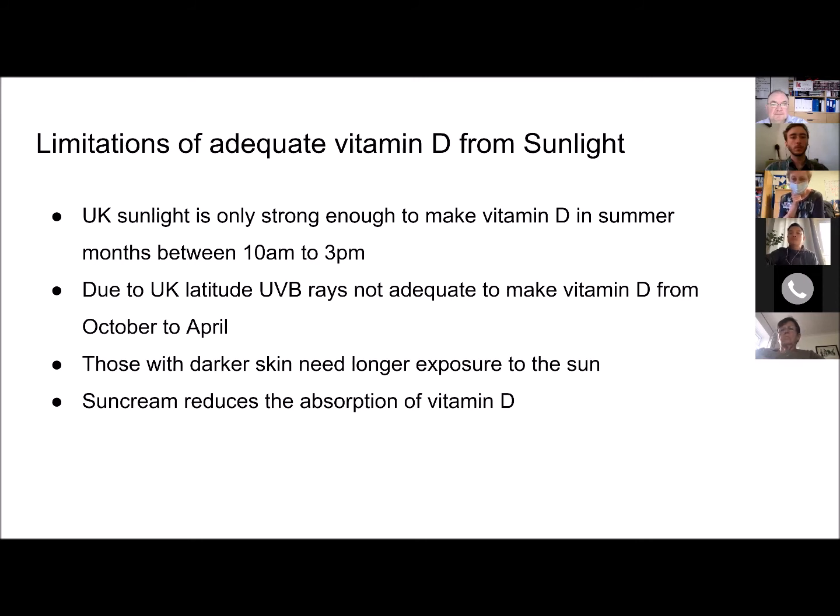And even in the summer months, you can only make it between 10 AM and 3 PM roughly. If you have darker skin tones, you'll need relatively longer exposure to sun to make vitamin D. And if you're using sunscreen to block the sun damage, then obviously that reduces your ability to make vitamin D.